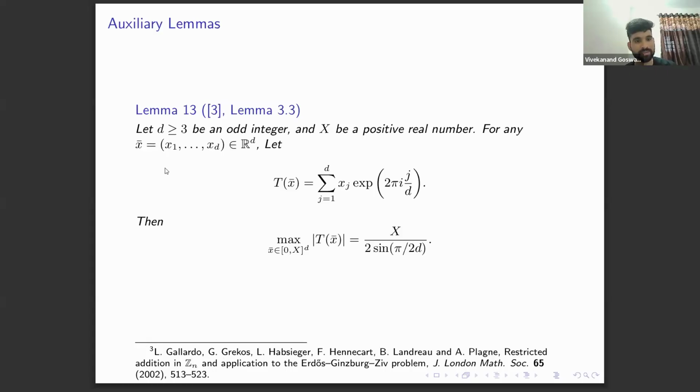The lemma states: let d greater than or equal to 3 be an odd integer and x a positive real number. For any x bar, x_1 up to x_d in R^d, let P of x bar equal the summation over j from 1 to d of x_j exp(2 pi i j by d). Then the maximum modulus of P of x bar in the domain 0 to x to the d is equal to x by 2 sine of pi by 2d.